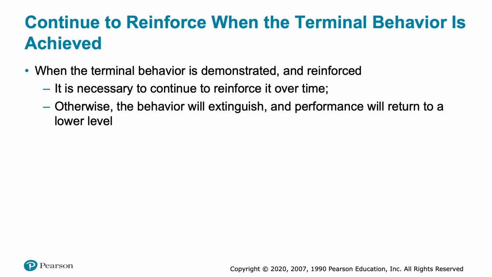Now, what happens if you don't do all of that? The behavior finally occurs one time, it occurs two times, and then you're like, okay, the behavior met mastery, and we can move on to a different goal. Well, what happens in that case? If you stop working on the particular goal, the behavior won't be reinforced. It won't contact reinforcement, meaning that the behavior is going to be placed on extinction.